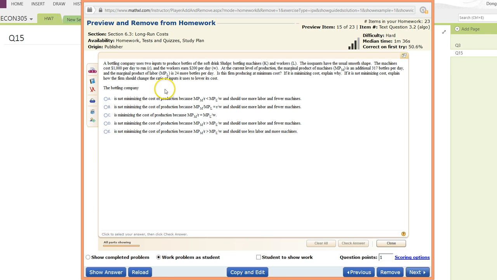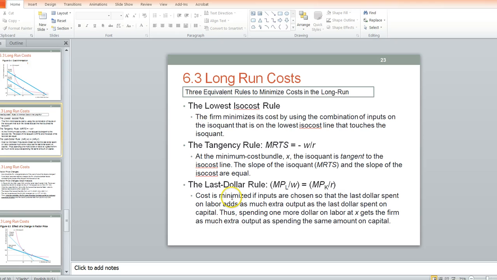So the key to answering this question is to refer to the textbook, what we understood as the last dollar rule.